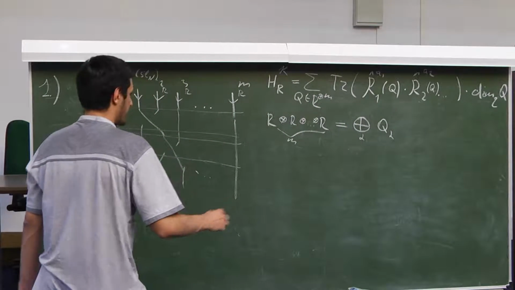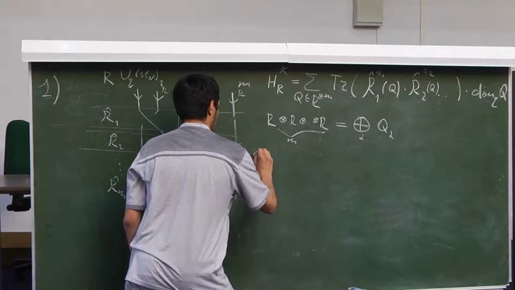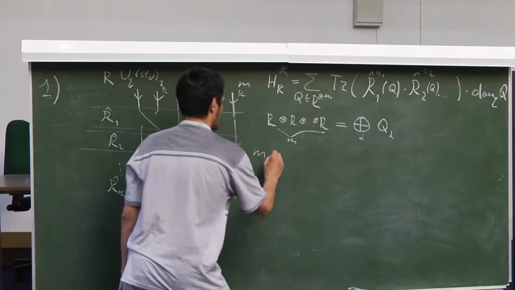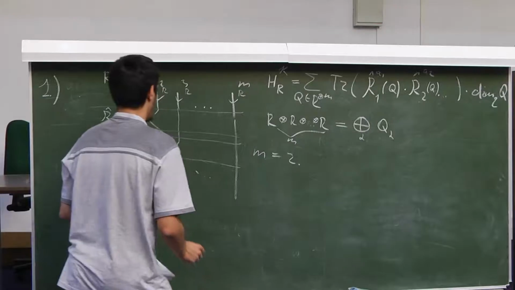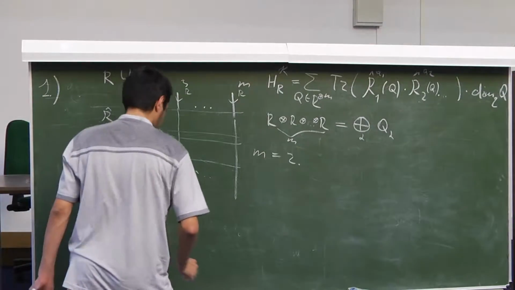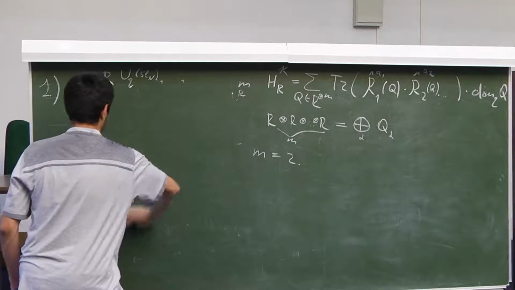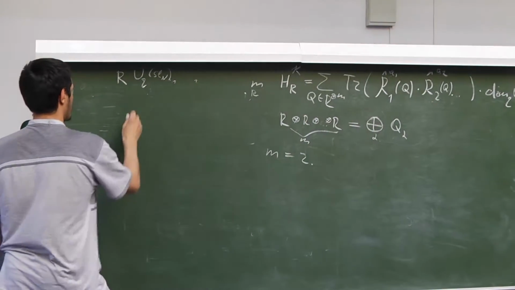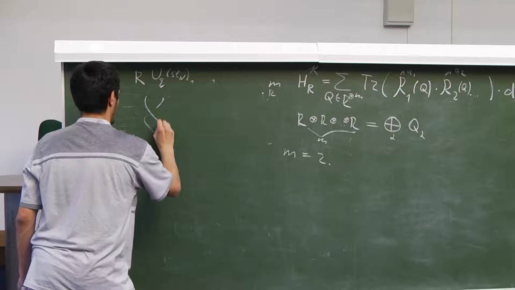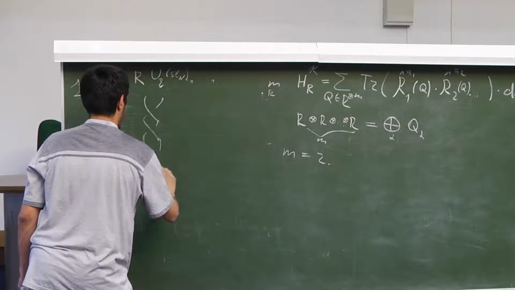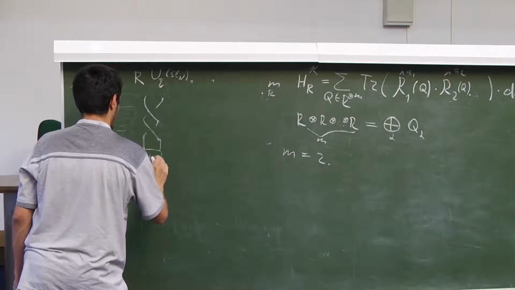Well, let us consider the case when M equals 2. In this case, I have just two strands with some number n of crossings.